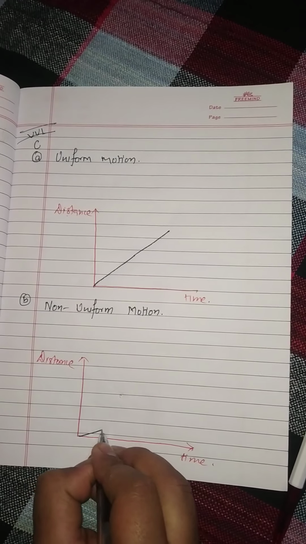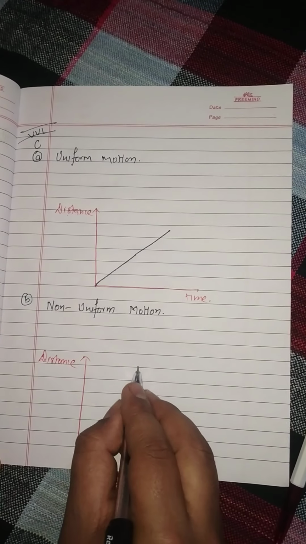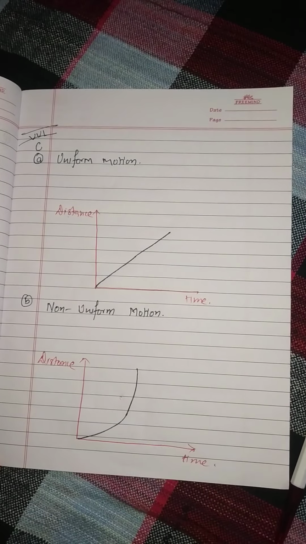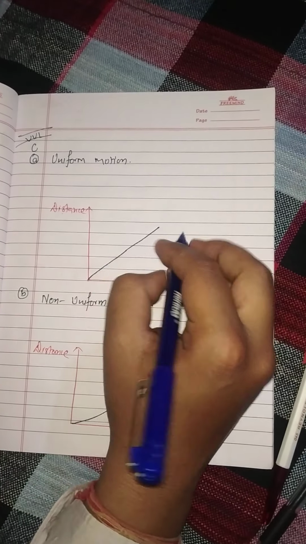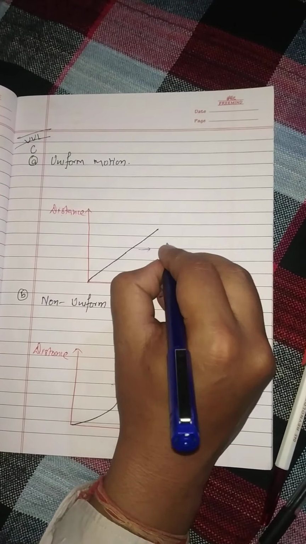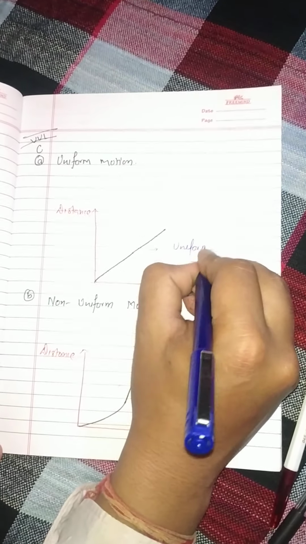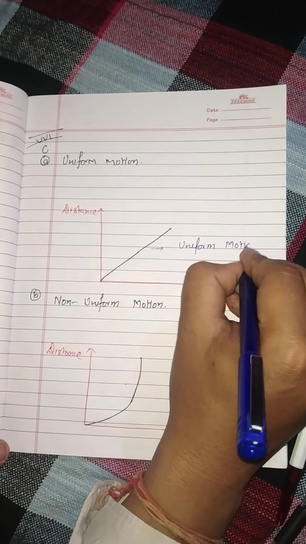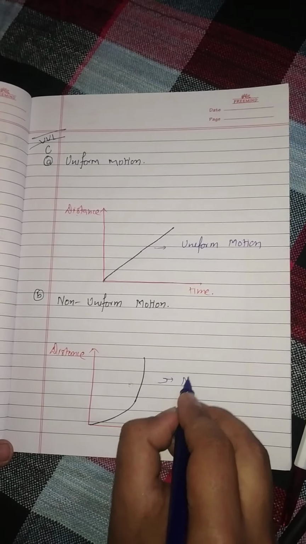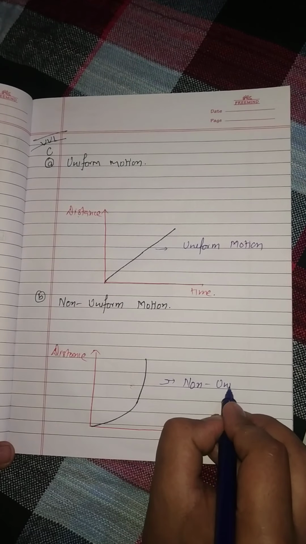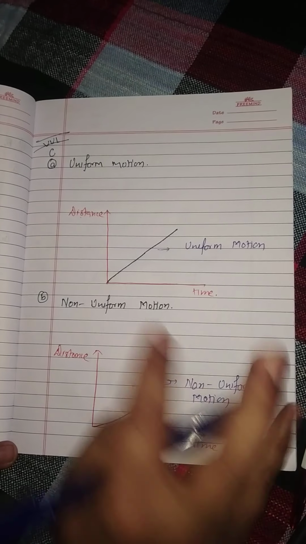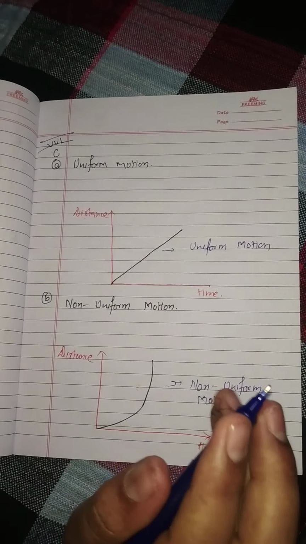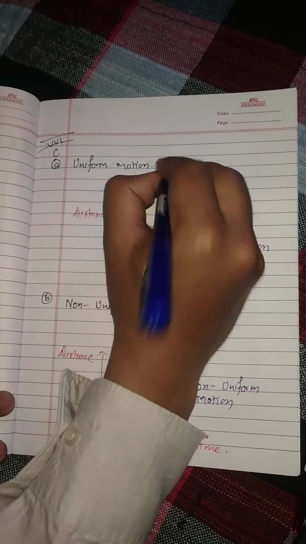And for non-uniform motion, we will get a curved path, or you can say what we call parabolic. So this is an example of uniform motion, and this is an example of non-uniform motion. So remember this graph and even remember the definition.